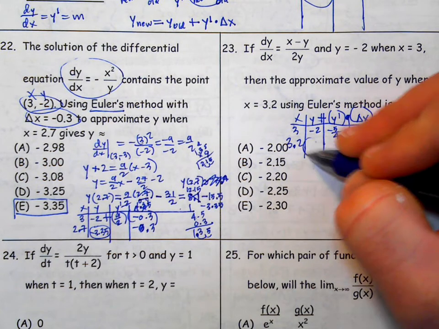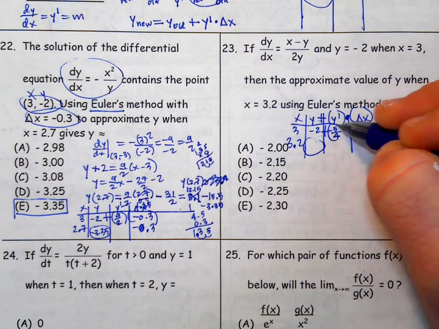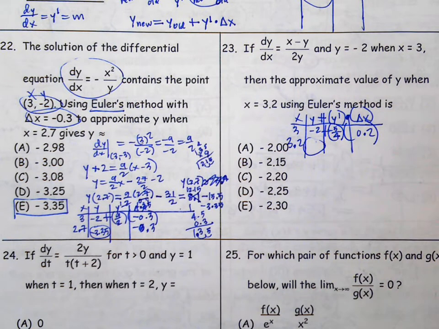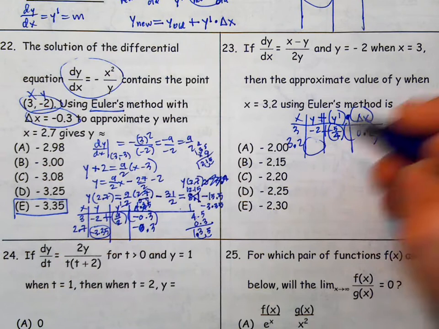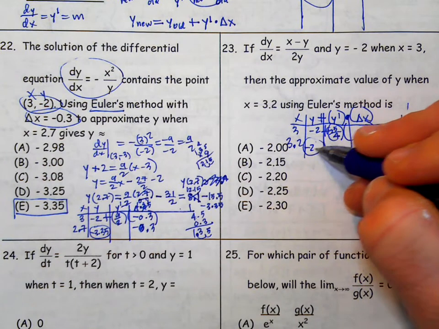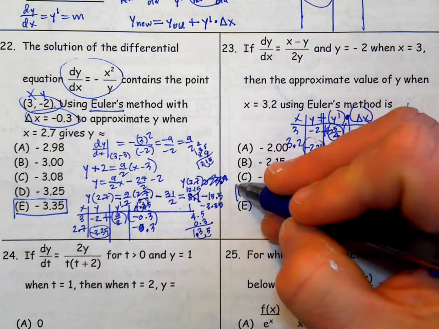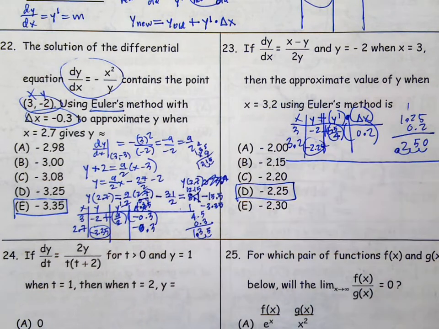And so the new y would be the old y plus the derivative times delta x. So you got to figure out what 1.25 times 0.2 is. 10, carry the 1 to 4 is 5, 2, count back 1, 2, 3 decimal places. So it's 0.25, it's going to be negative 2.25. Otherwise, you could be like, well, let's write the equation of a tangent line. And then you'd have to do it again if there's multiple steps.